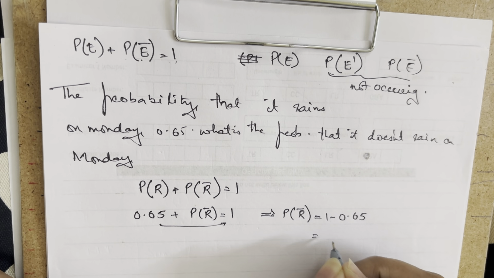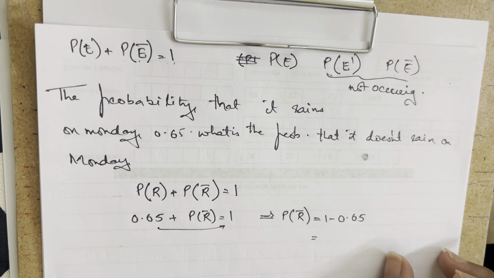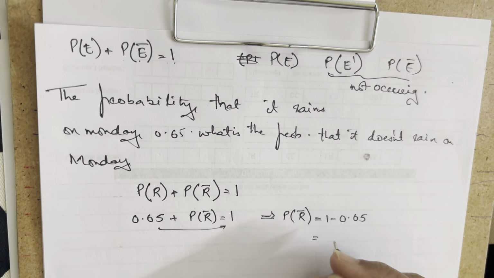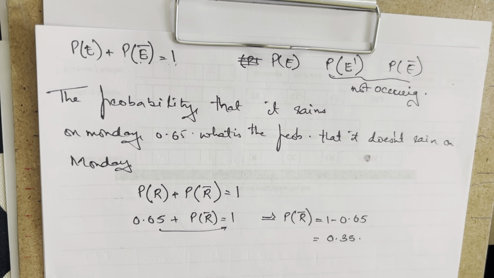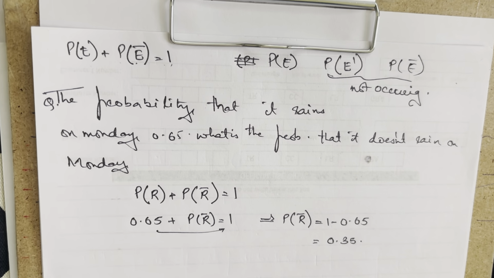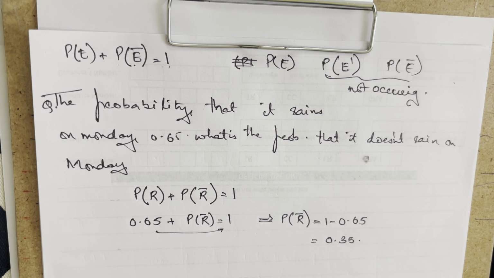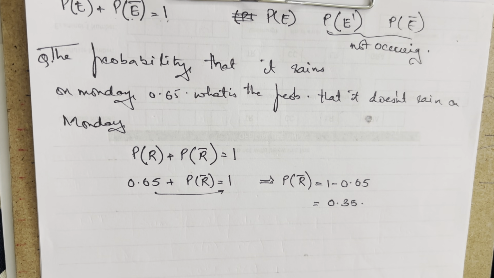Some who are weak at subtraction, you're allowed to do it here. Those who are good enough at subtraction, no need of doing it. So it becomes 0.35. This is how we are understanding the different formulas that we have for probability. Further going ahead, let's take the questions from the textbook now.